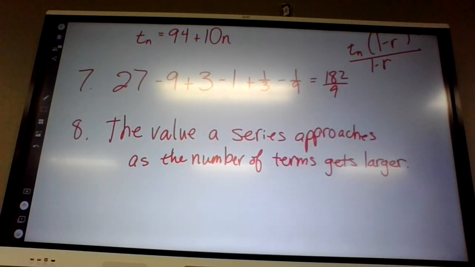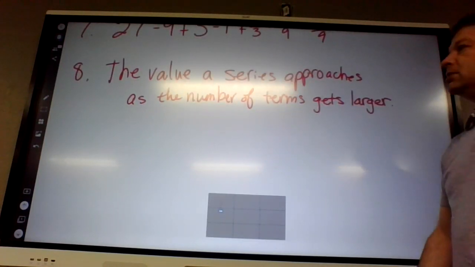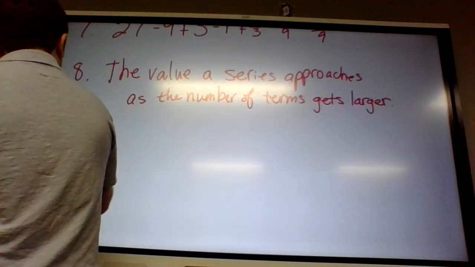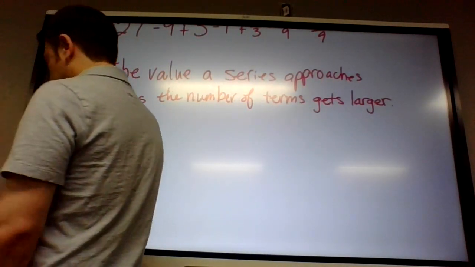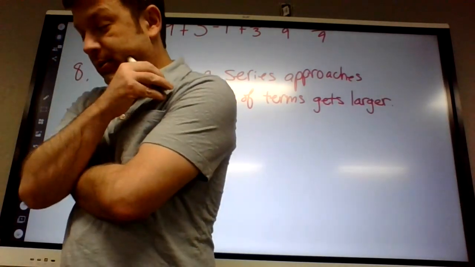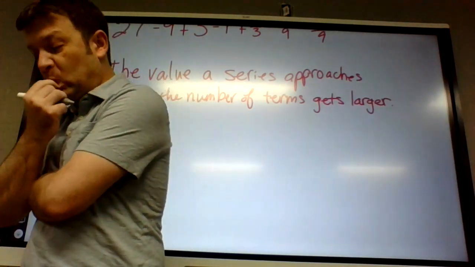The value a series approaches as the number of terms gets larger. It'll never get there, because you can never get to infinity. But it'll be closer and closer and closer and closer.